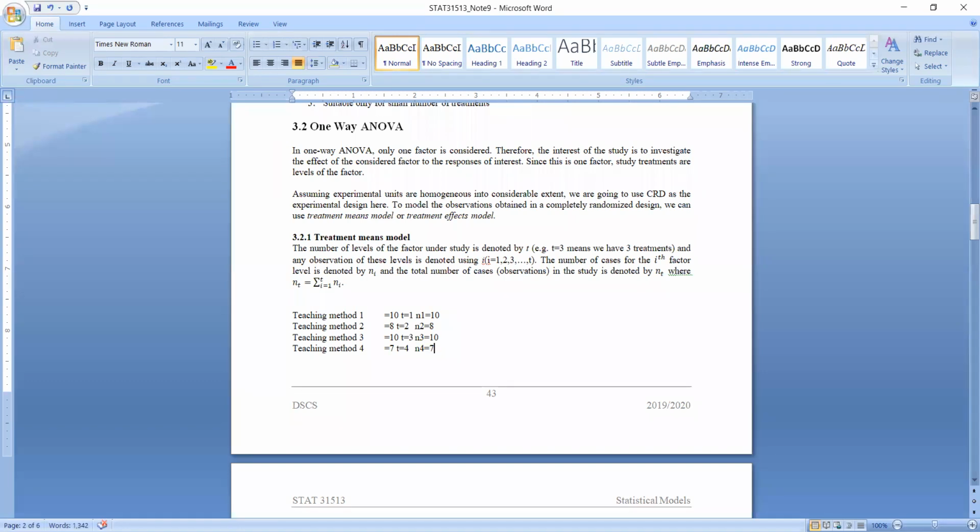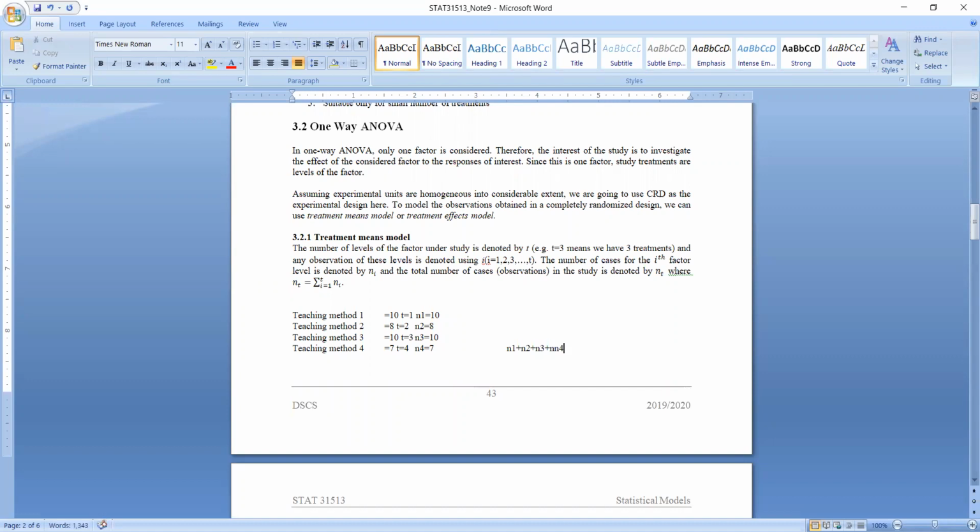When you take the total number of observations, 10 plus 8 plus 10 plus 7, that is n1 plus n2 plus n3 plus n4.